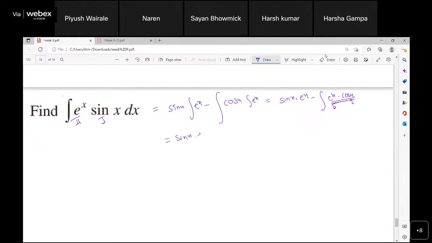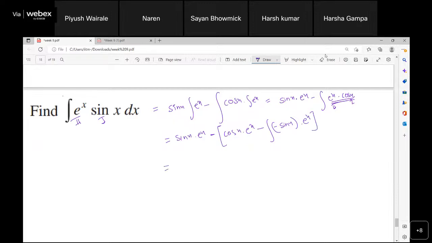So sin x e to the power x minus bracket I'm writing. So first function is my which function? Yeah, cos function. So cos x into integral of e to the power x is e to the power x only, minus integral of derivative of cos x, which is minus sin x, and integral of e to the power x only, right?